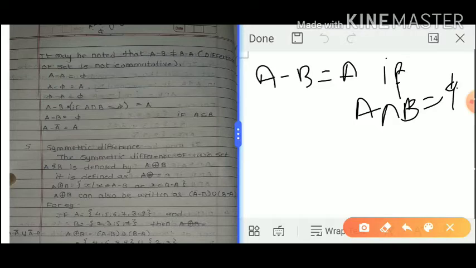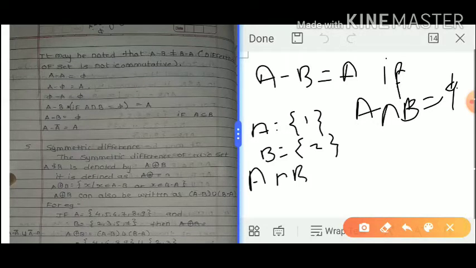If this condition is satisfied, then A minus B is always A. Suppose set A contains 1 element and set B contains 2 element, only single elements in both sets, 1 and 2. So A intersection B equals null, because there are no common elements in A and B. So this condition is satisfied.